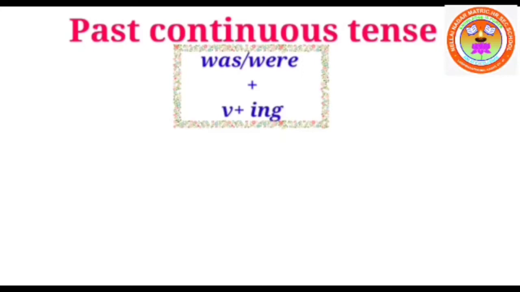The verb structure is, we know that already for continuous we have to use ing verb form. For past we have to use was, were. So we can easily understand the past continuous. So look at the box, was, were, past and verb plus ing continuous, so past continuous.